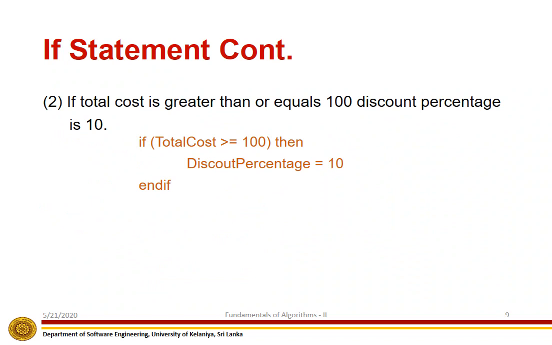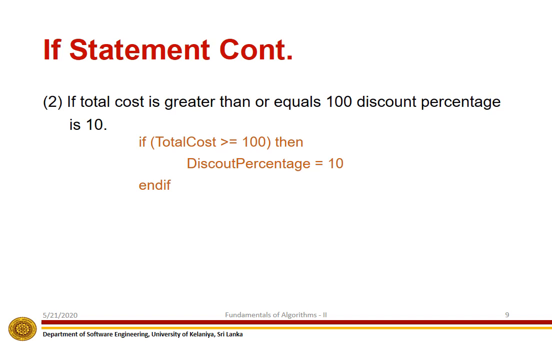Then the second example, if the total cost is greater than or equal to 100, we have to calculate the discount percentage as 10. So first if keyword, then the condition total cost is greater than or equal to 100 in the brackets, then keyword, next line discount percentage is equal to 10, then end the if condition.